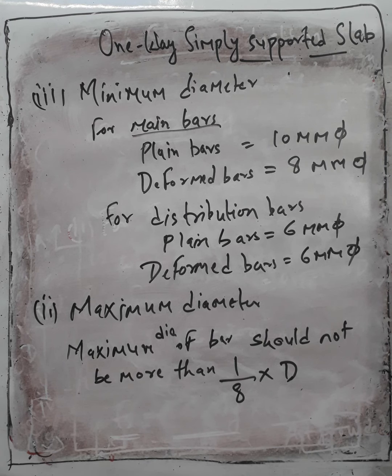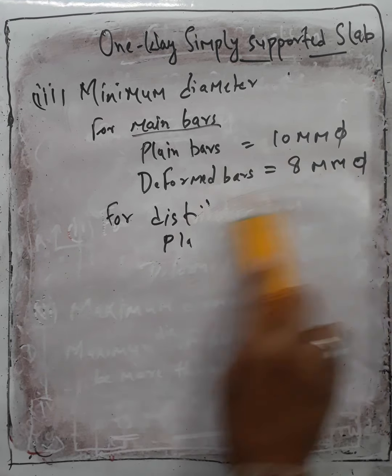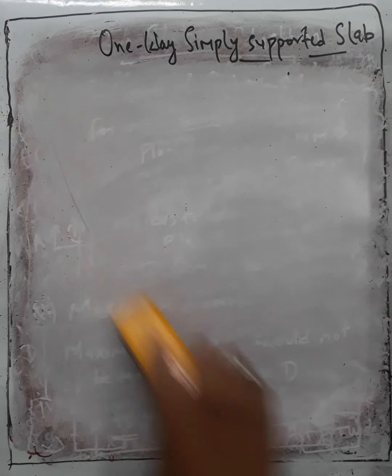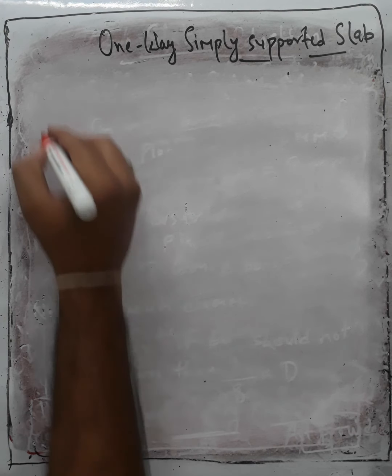After finding the reinforcement, our design consideration is over, but we have to provide checks whether this design fails or is safe in different criteria, and these criteria are cracking, deflection, development length. These are the criteria in which check is required.